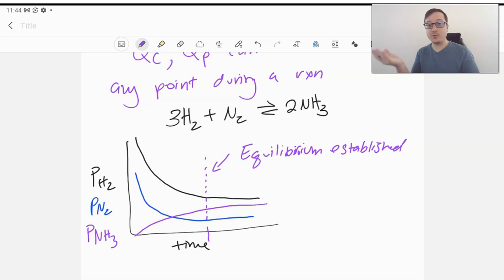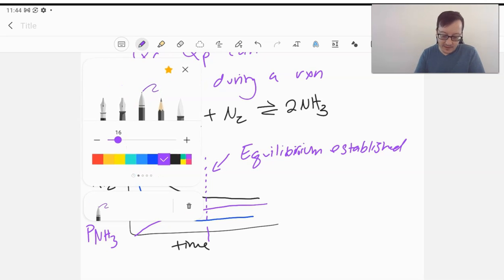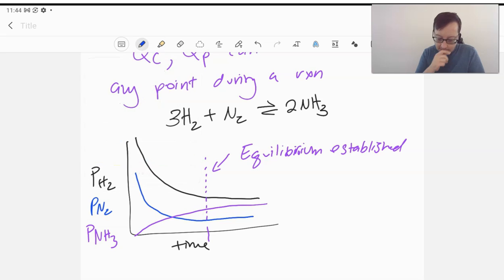At this point, once we have established equilibrium, then we can use Kp or Kc. But we may be interested in evaluating what's happening at another point in the reaction. What if we want to look at this particular time point?